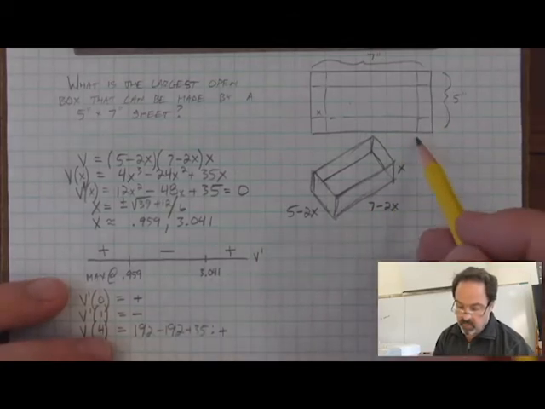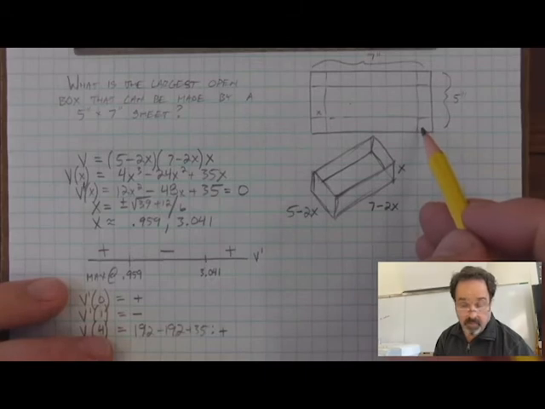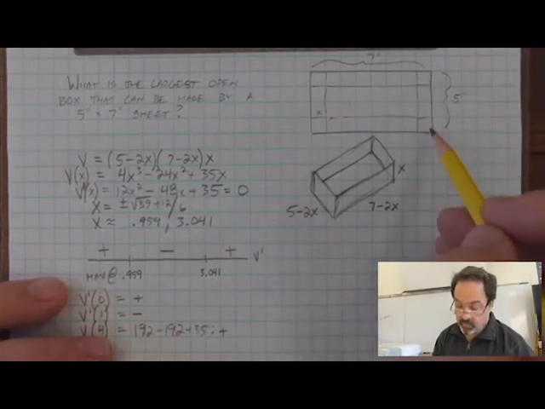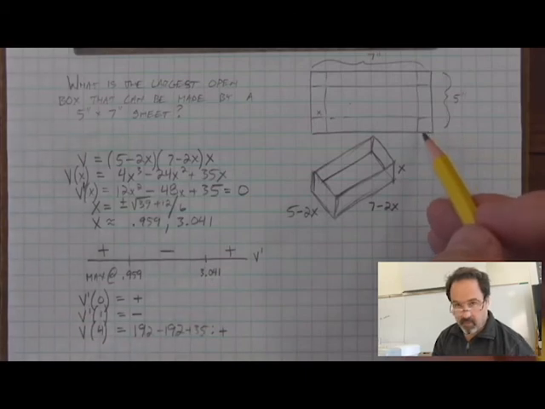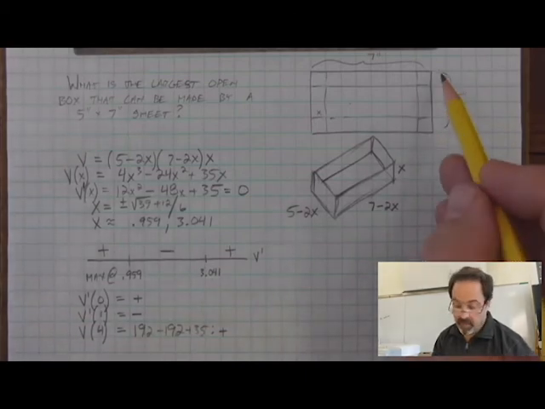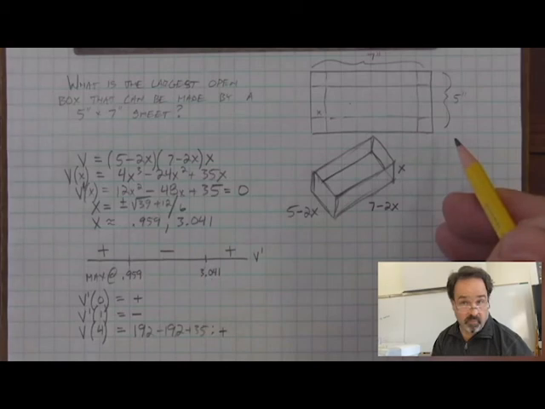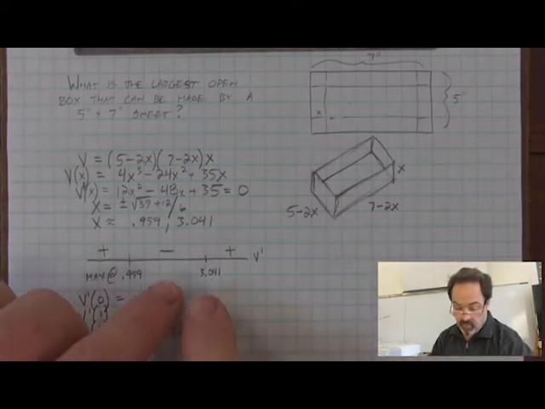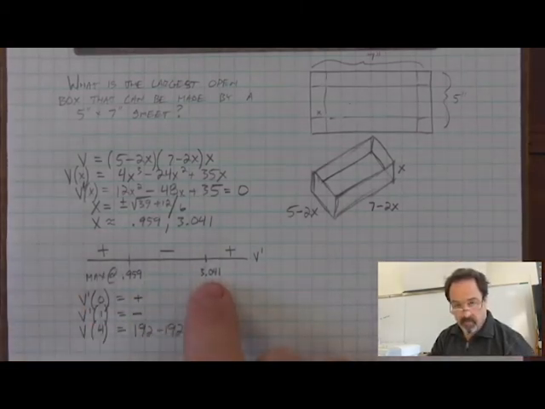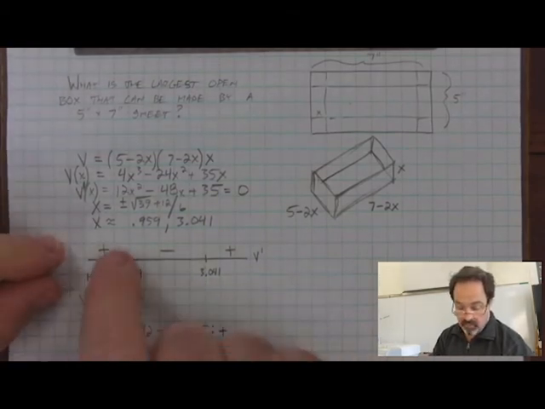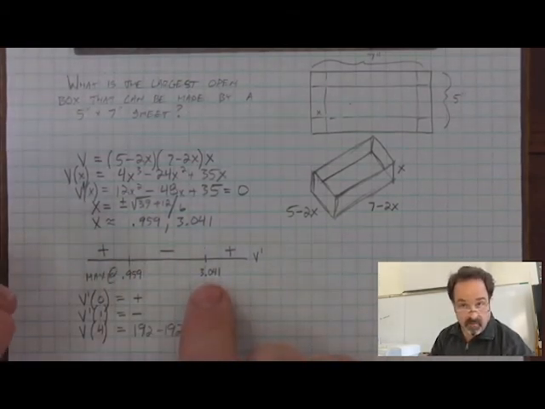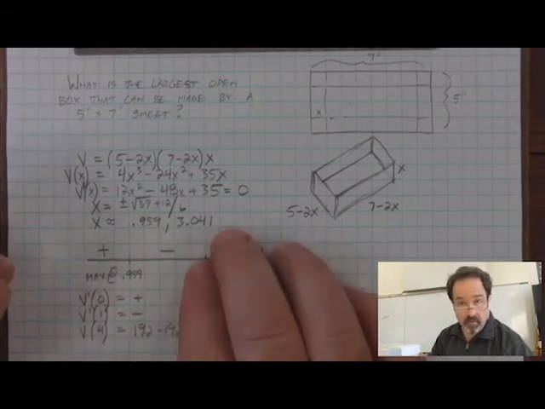If we cut out squares that have a side of anything over 3, and we need to do 2 of them, then that means that we're going to be cutting 6 or more inches out of a 5-inch length, which is impossible. So this critical point here doesn't belong to the context of the real-world situation. It comes out of the math, but doesn't make sense and can be ignored.